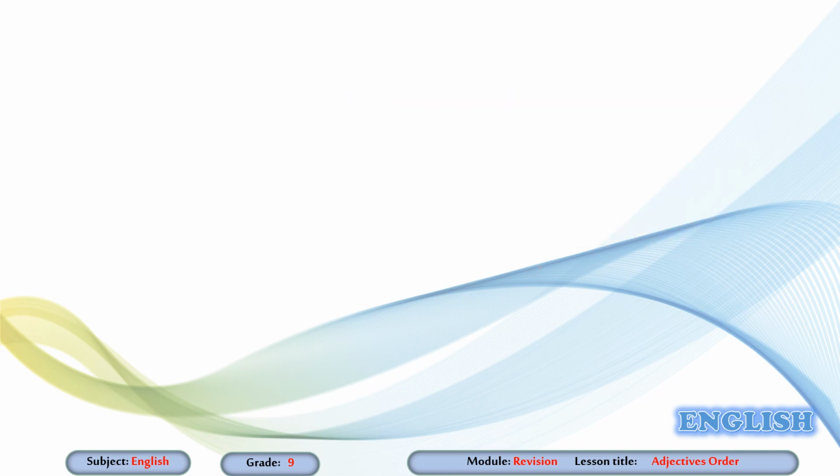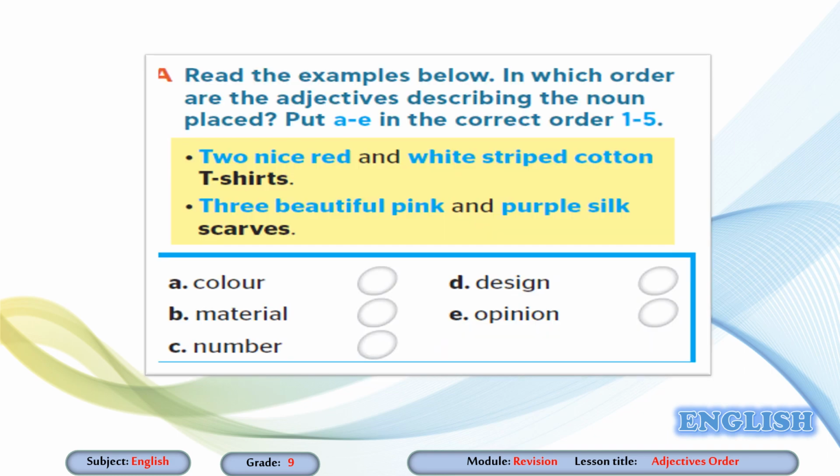Now, after discussing the rule, let's do this task. First, let's read what it says. Read the examples below, these two examples. In which order are the adjectives describing the noun placed? So what we are going to do is to identify the order in which these adjectives are placed.